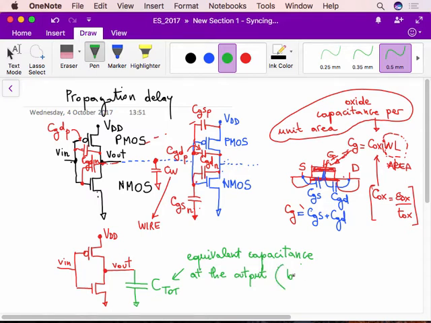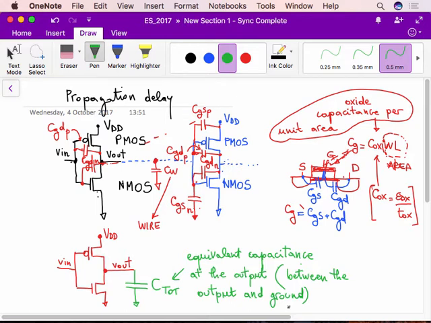Actually, it is between the output and ground. Okay.